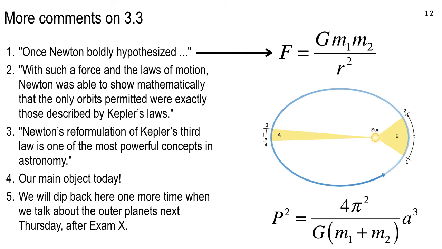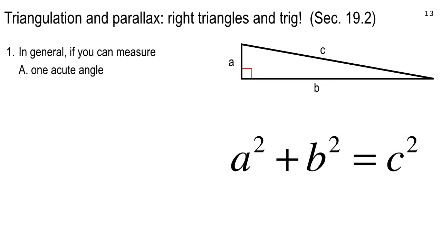Now I want to dip forward into section 19.2, which is about finding the distance to stars using what we call the parallax method. We can't use this for really, really distant stars, but we now have thousands and thousands of stars with really accurately pointing telescopes up in orbit.